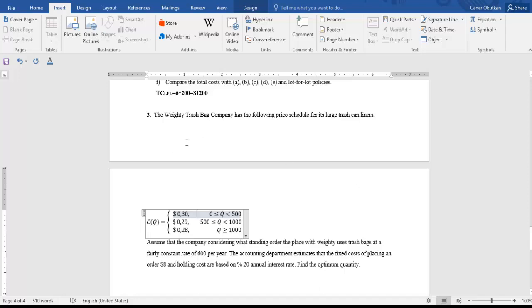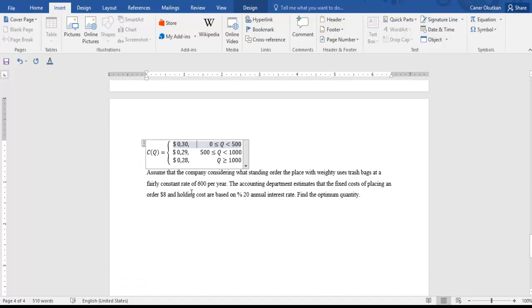We have a company and different costs and different quantity. If quantity smaller than 500, the cost is $0.30.